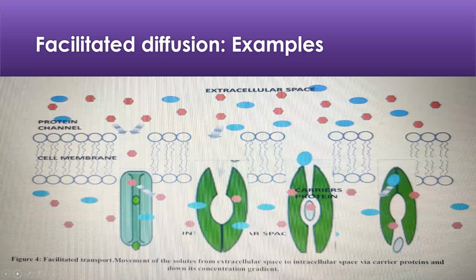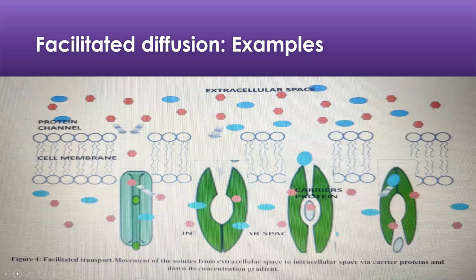And this is specific. Why? Because we have channel proteins there. They only carry specific species of molecules, according to their size, whatever fits the receptor. This receptor has a receptor site, and this receptor site will accept only a few molecules.